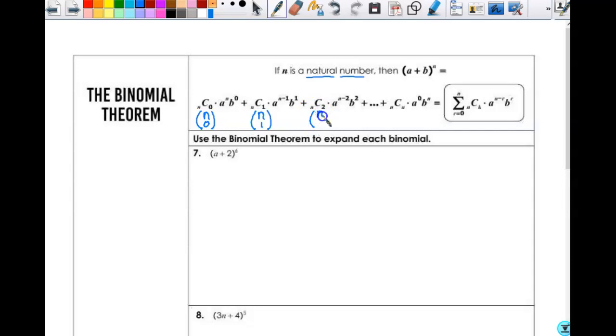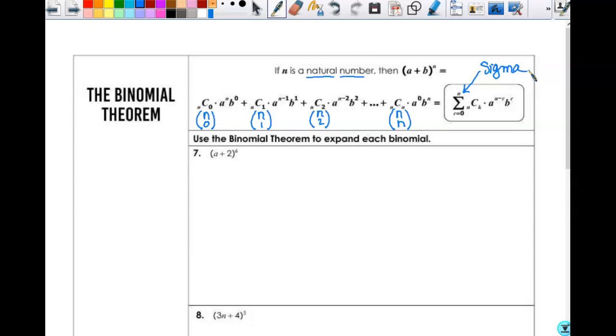So then this is n, 2, and so forth and so on, until you get down to the very last one, and then it's n, n. Since you're adding them all up, it's the sum, right? This sigma here is telling us we're taking the sum of those terms.